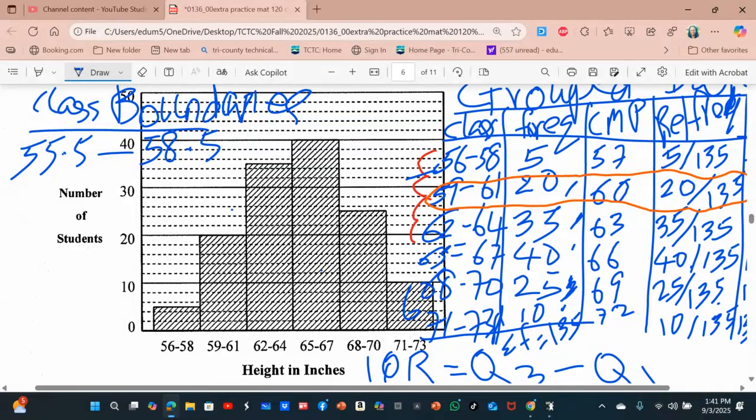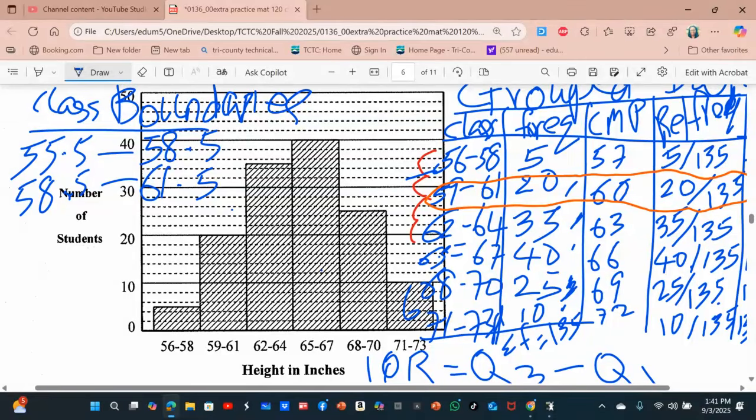The lower class boundary of the second class is 58.5, and the upper class boundary of that second class is 61.5. So I'm rewriting this frequency distribution with class boundaries instead of class limits.